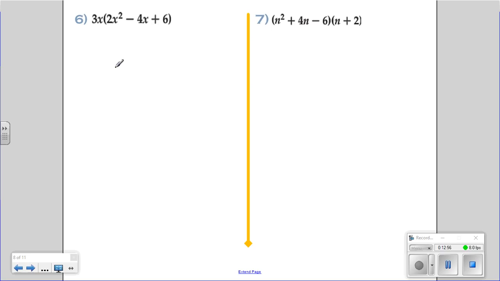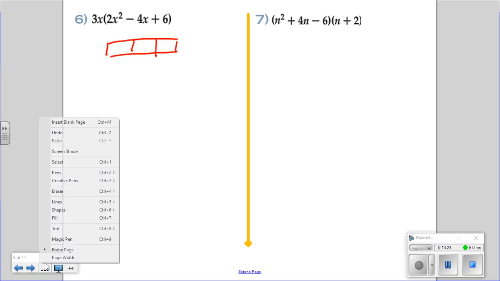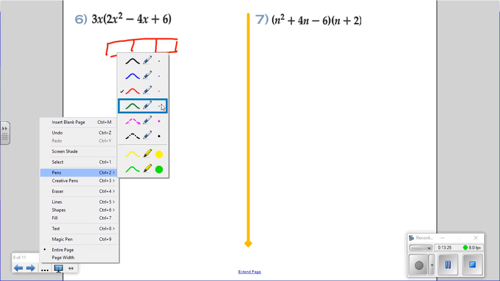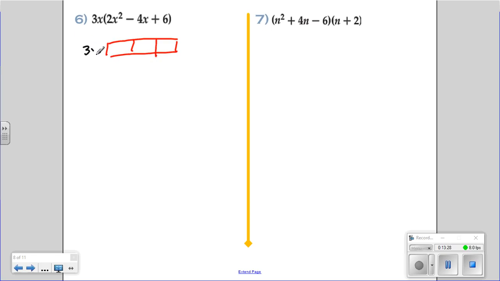So to multiply, I recommend using a box to stay organized. The size of the box depends on the number of terms each polynomial has. So for this first one, it's going to have 1 row, 3 columns, because I'm going to multiply 3x with 2x squared minus 4x plus 6.